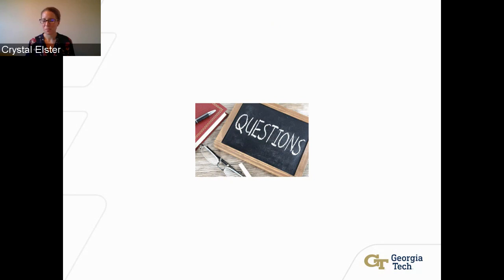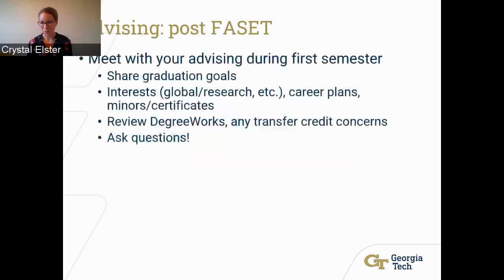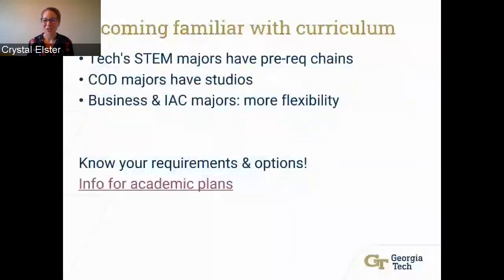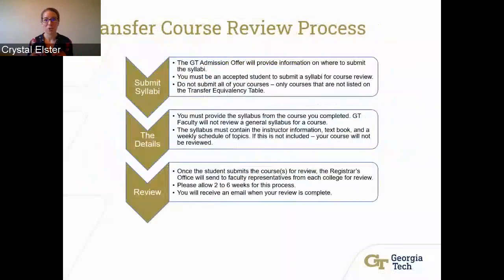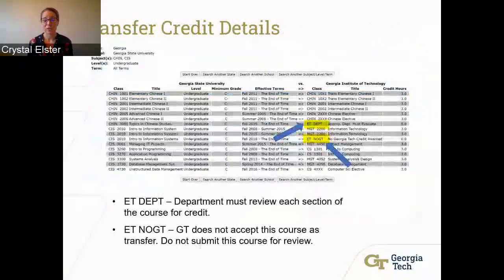I see one that I didn't see before. It's asking, what does ET Lab mean? So back to that transfer equivalency table. You're looking at your courses, your lab science courses that you took. Odds are at the school you're transferring from, the courses are separate. So you have a class and you have a lab. You get 3 hours for the class, 3 hours for the lab.